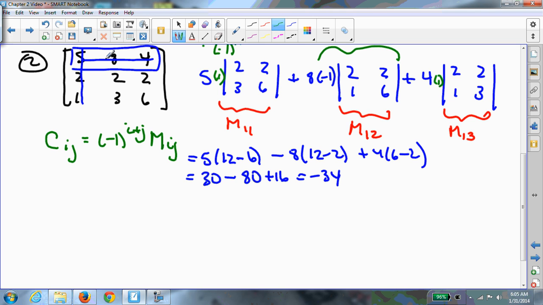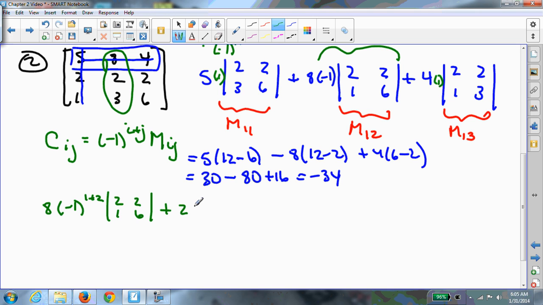So let's say I were to use column 2 instead to calculate it. So using cofactor expansion, this would be 8 times negative 1 to the row 1 plus column 2, and its corresponding minor entry, 2 2 1 6.